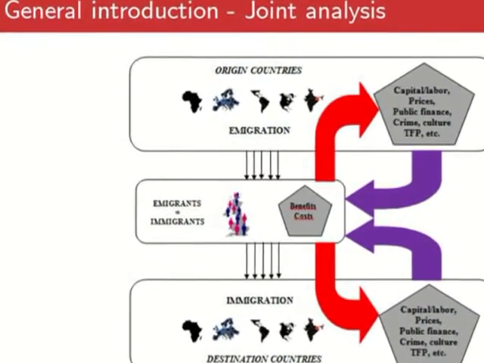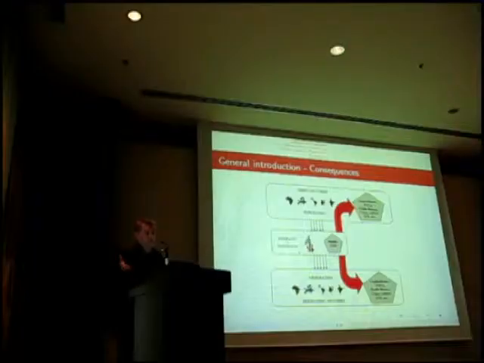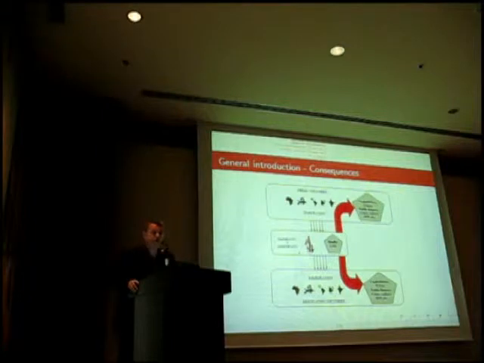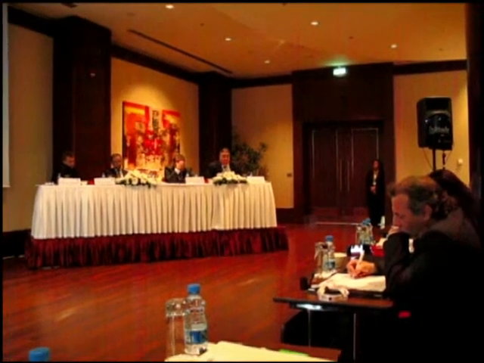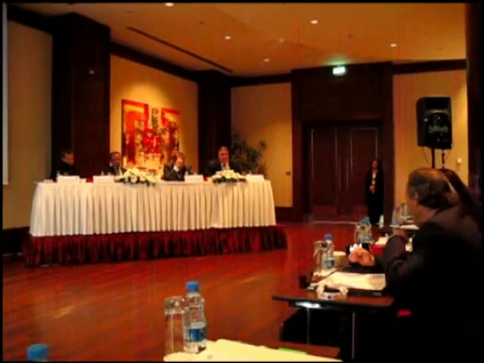Migration affects the skill structure of the labor force, with an impact on wage inequality between college graduates and less educated people. Migration affects public finance. They receive transfers and they pay taxes, so the effect is ambiguous.